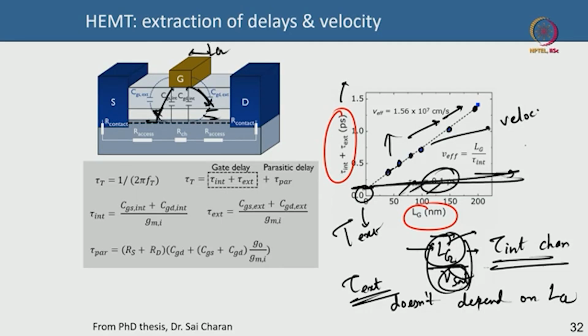On top of that you add the intrinsic delay, which increases with gate length. So you have a gate length dependent intrinsic delay and a gate length independent extrinsic delay. From the slope you can find the velocity, and from the intercept you can find the extrinsic delay. This is the way you find the extrinsic, intrinsic and parasitic delay, as well as the velocity of electrons in the channel, from FT measurements.